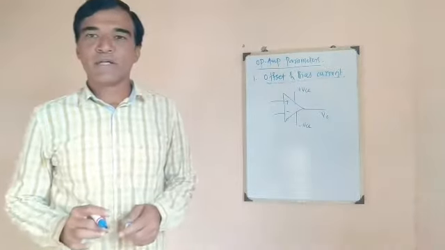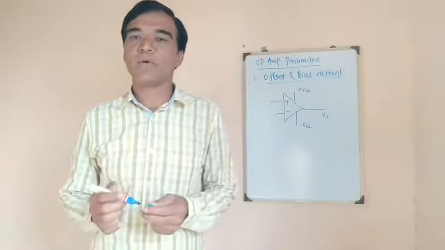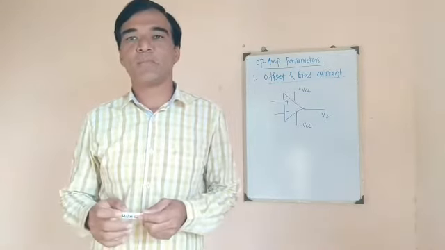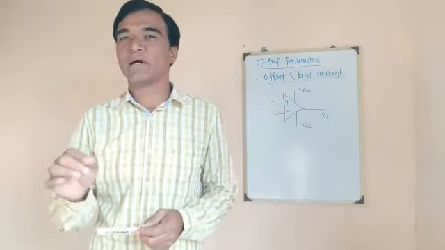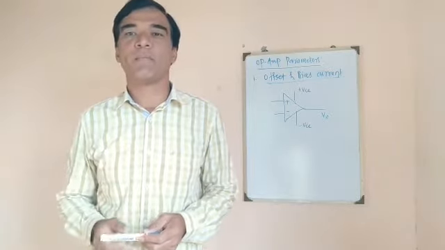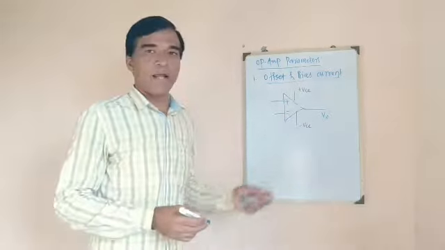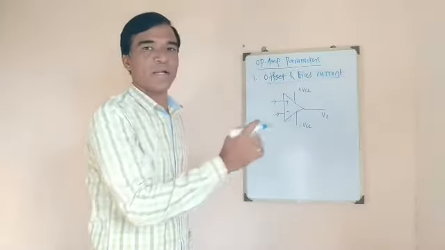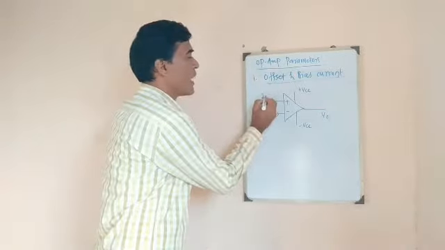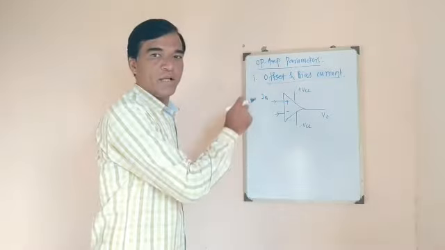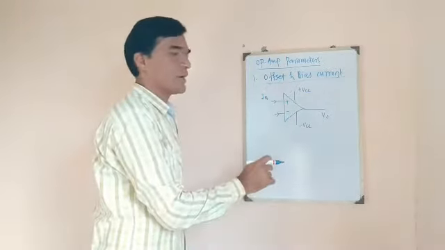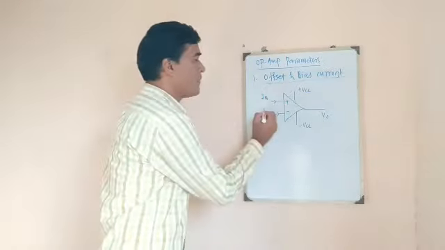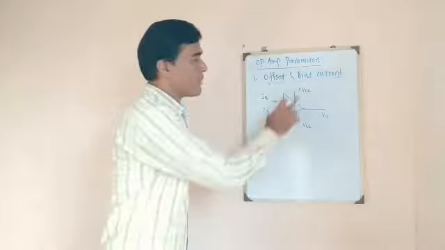Till now we have considered the ideal op-amp, and we know that the current entering the ideal op-amp is 0, but practically some current flows inside the op-amp. When biasing voltages are applied, some current starts flowing inside the op-amp through the non-inverting as well as inverting terminal. Let us say IB1 is the current flowing inside the op-amp through the non-inverting terminal, and IB2 is the current flowing inside through the inverting terminal when biasing voltages are applied.